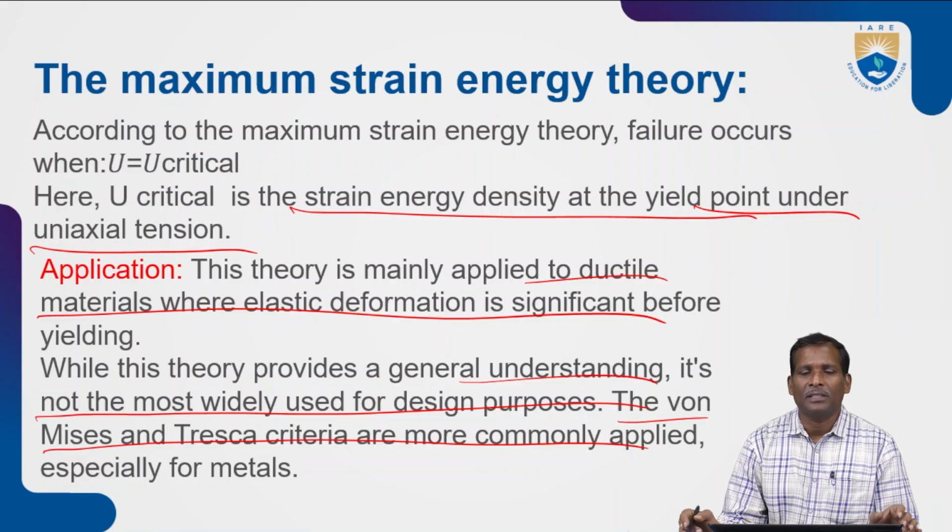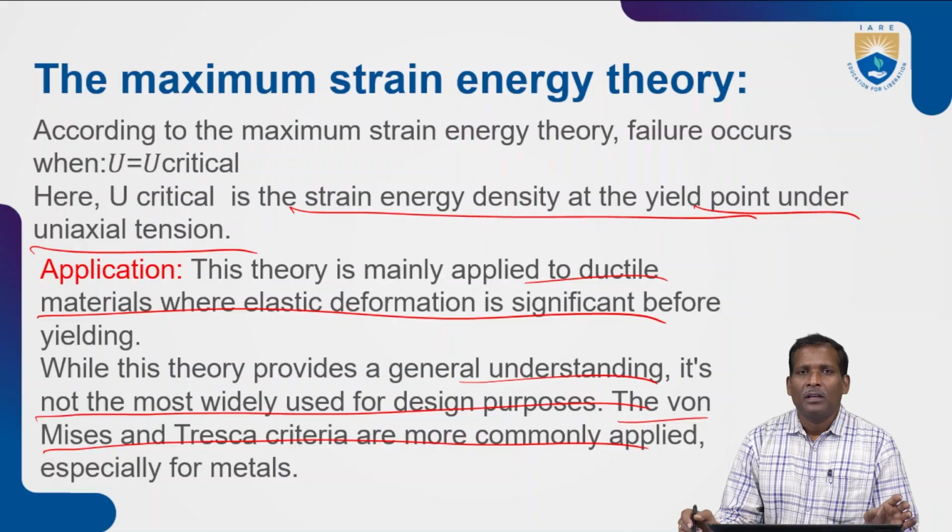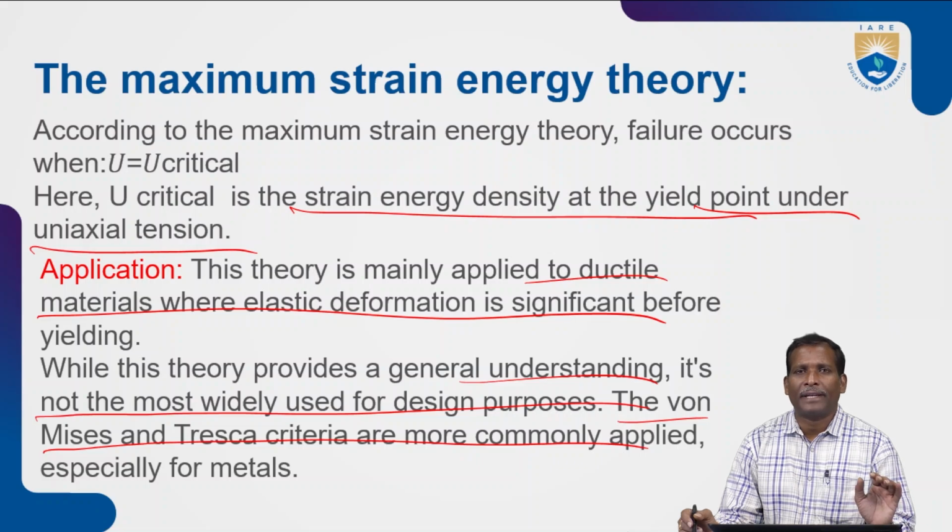So in the design of a component, material selection is important. Then, what are the forces and loads acting on the component? You have to analyze and apply the theories. For understanding this theory, the strain energy is useful. The maximum distortion energy theory is there, which I will discuss in the next slides.